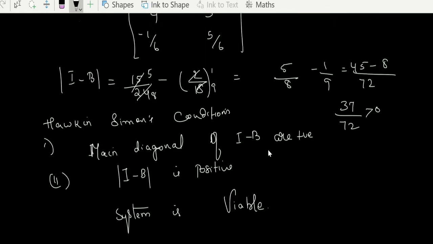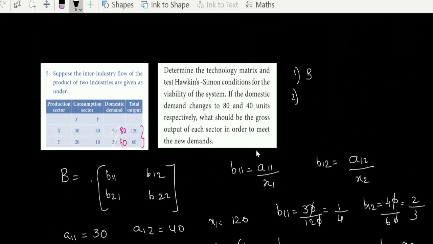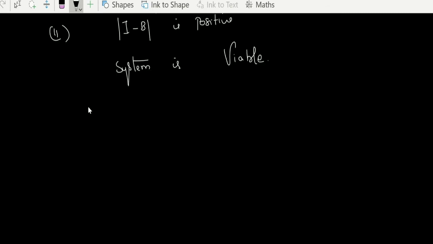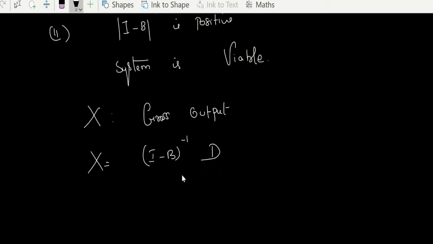Now what we should do? The question is actually a 5-mark question. Now the domestic demand changes. The gross output, let us take it as X. X is the output. So we have to find X. That is nothing but I minus B inverse into the demand matrix, where the demand is the new demand.